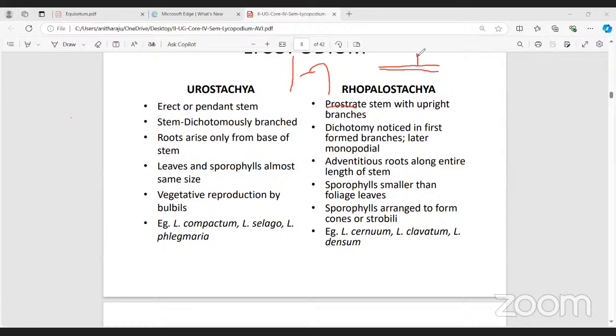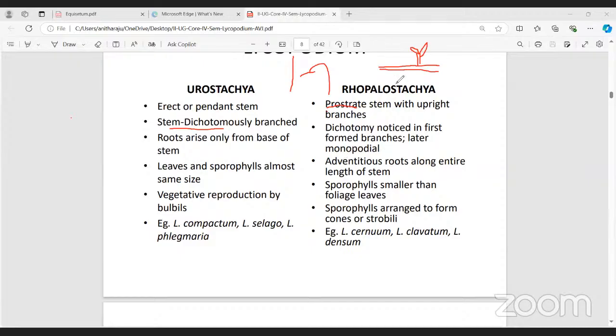And we can see the diagram also like this. These are the branches, and the branches are also dichotomous. Here also the same. Mainly the dichotomous branches clearly appear in Urostachya. But here dichotomy is noticed in the first formed branches, but later it is monopodial.